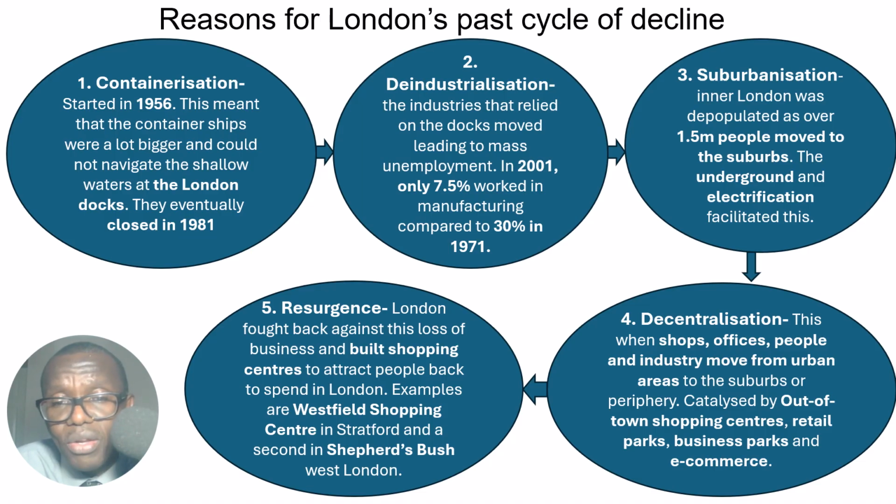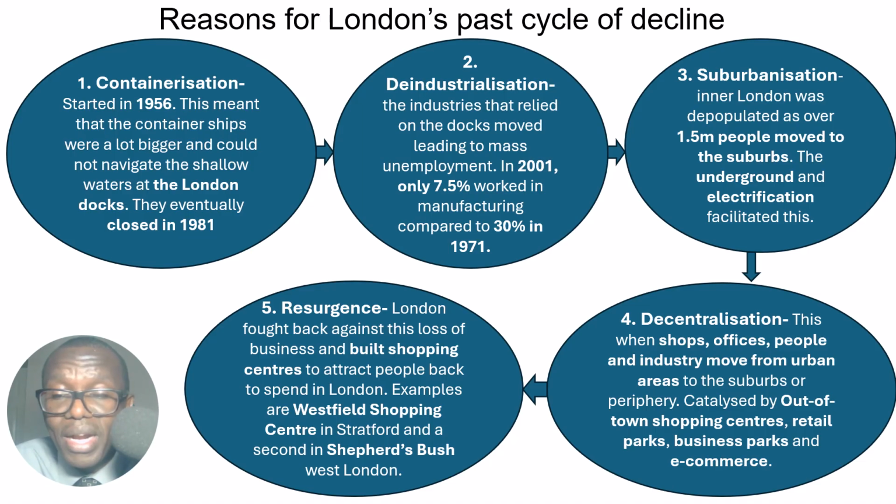So things like congestion, traffic, dereliction, so abandoned buildings, and crime. All these were factors that made the wealthier demographic want to leave the inner city and to move to the suburbs. And this is a process we are calling suburbanization.